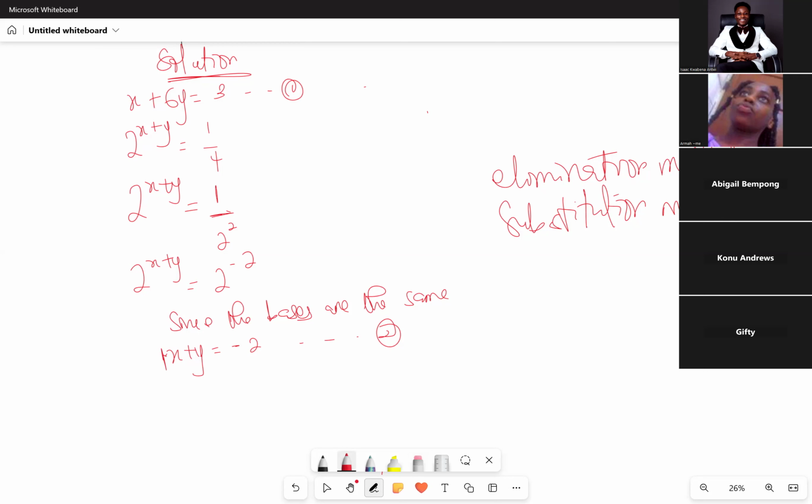So since the coefficients are the same, let's use that one. What was the coefficient of y in equation 1? 6. What's the coefficient of y in equation 2? 1. You see?